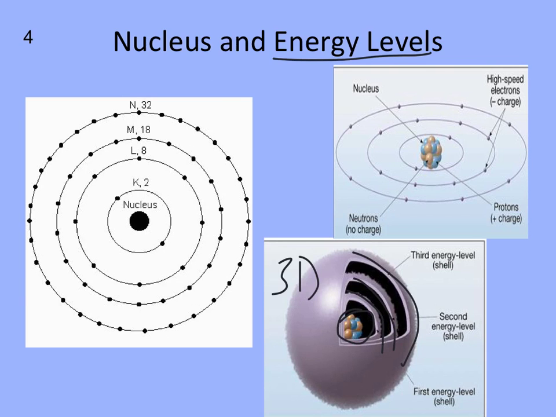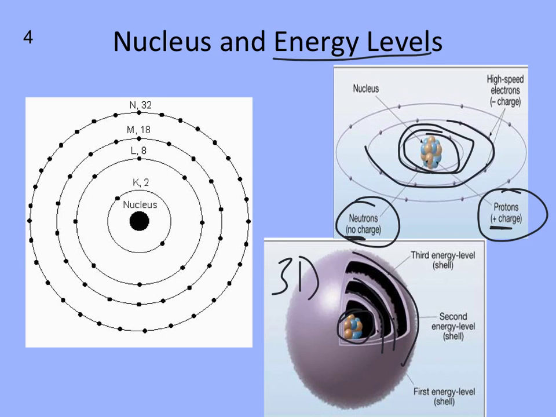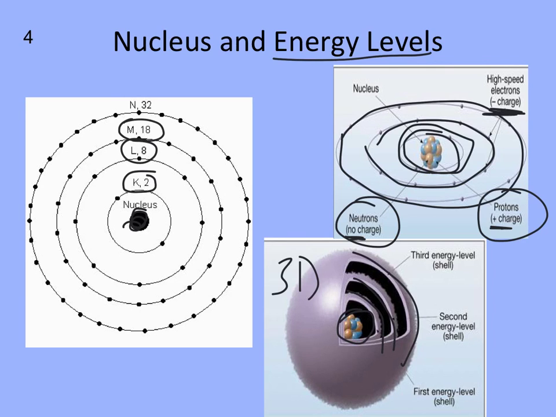Here's another model showing our neutrons with no charge and our protons with a positive charge in the center, or in the nucleus, and orbiting around them in these energy levels are the negative charge electrons. This one here is called the Bohr model, and you can see here's the nucleus, and each energy level has a different amount of electrons that it can hold.